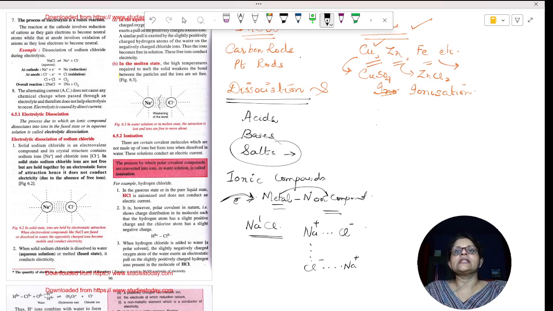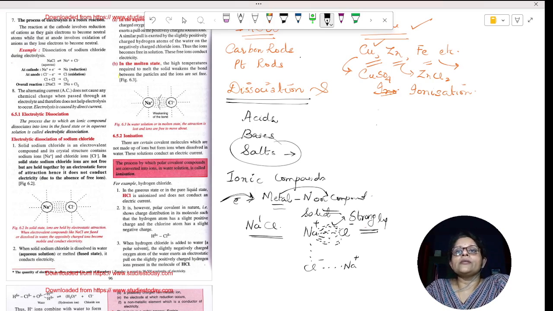The bond is already present in an ionic compound. The constituent ions are already present in their ionic form, right? But in the solid state, these ions will be bonded. This bond will be very strong.